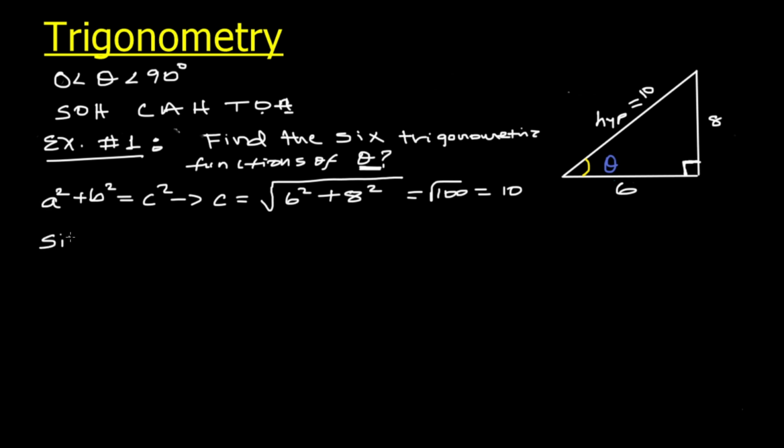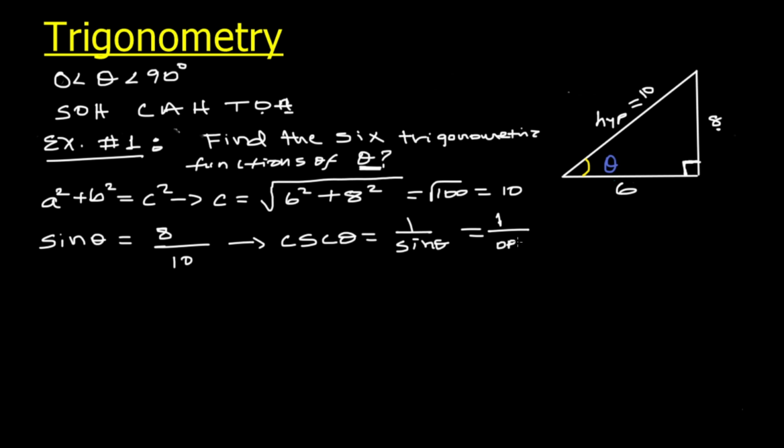So sine theta equals the length of the opposite side. Angle theta is here. The opposite side is 8. So we have 8 divided by the length of the hypotenuse, which is 10. And sine theta is related to cosecant theta, which is equal to the inverse, 1 over sine theta, which is 1 over opposite side divided by hypotenuse.